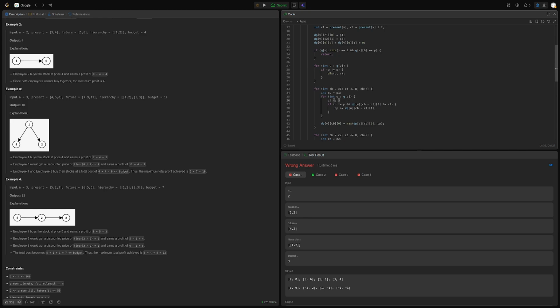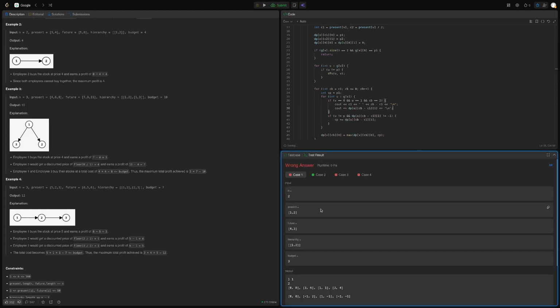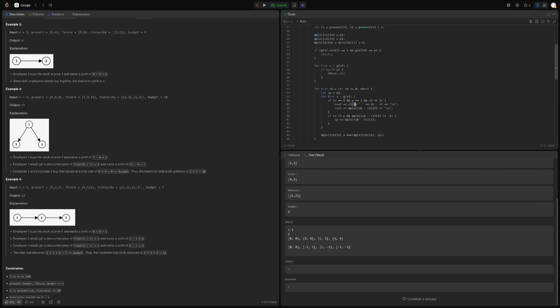So if v is 0 and u is 1 and cb is 2, then solve dpu cb minus c1, solve c1 cb minus c1. See what this outputs. So you can get 2. So if this is the case, then what's gonna be the profit?